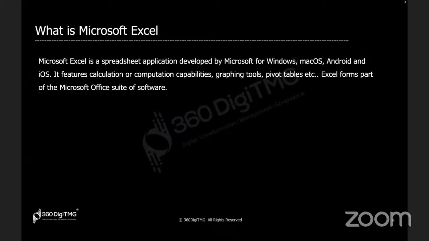Now, what is Microsoft Excel? The technical definition of Excel is that it is simply a spreadsheet application. If you look at Excel, it is nothing but a series of rows and columns, a spreadsheet, where data can be entered, and it has a lot of capabilities to perform simple to advanced calculations and computations on the data. We can create a variety of charts.